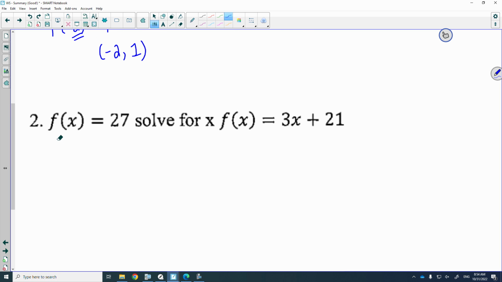Okay, do this one. F of x is equal to 27. Solve for x.